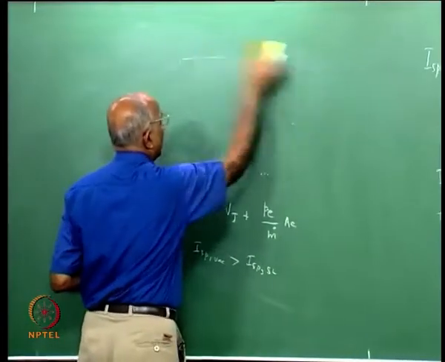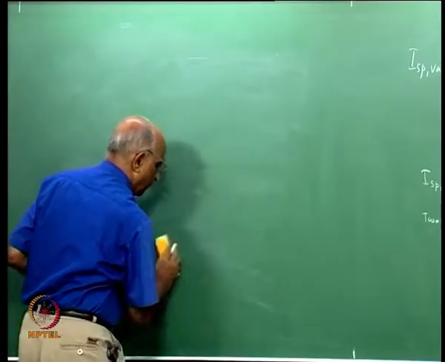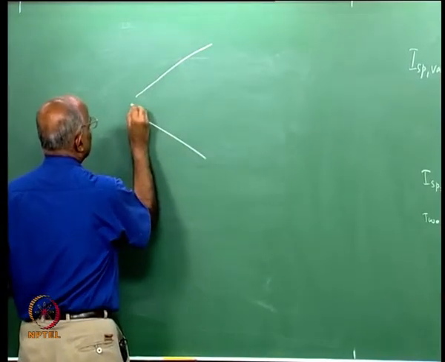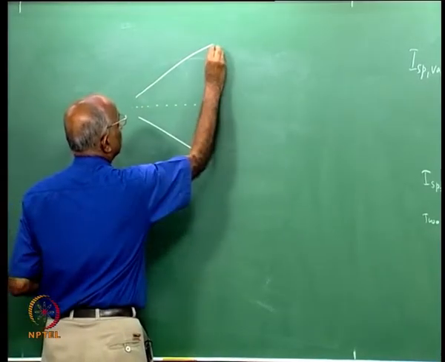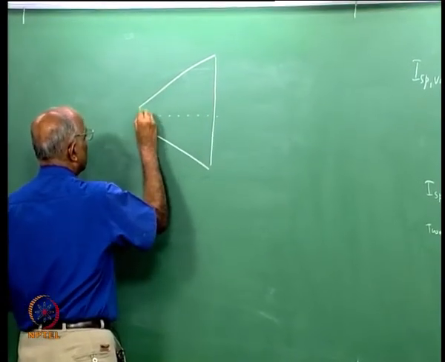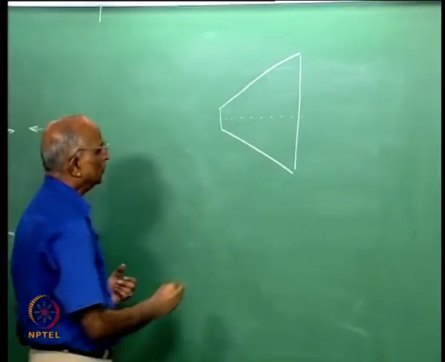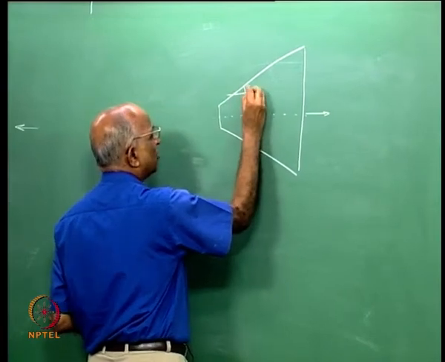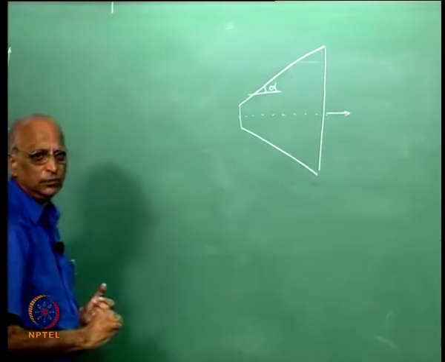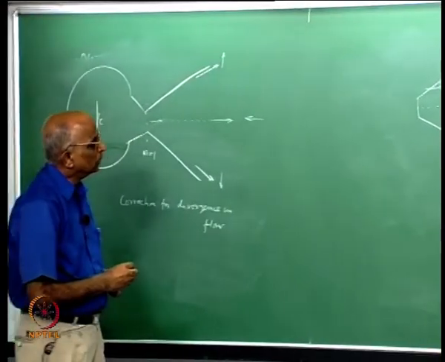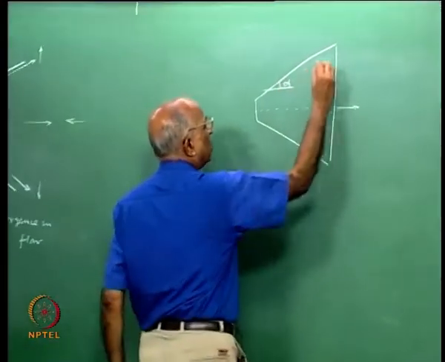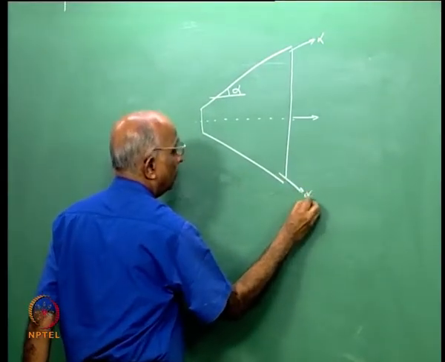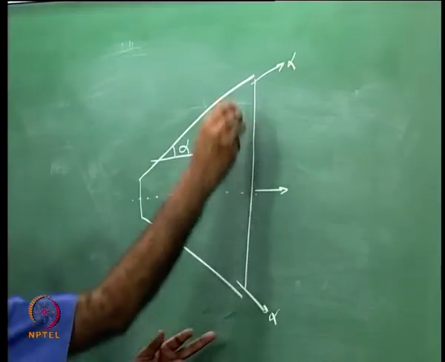Let's take a look at that. We will look at the divergent, center line, well, there is an axial flow over here. Let us assume that the half divergent angle is alpha. Now, the flow near the wall will be alpha. Maybe have to take some approximation.